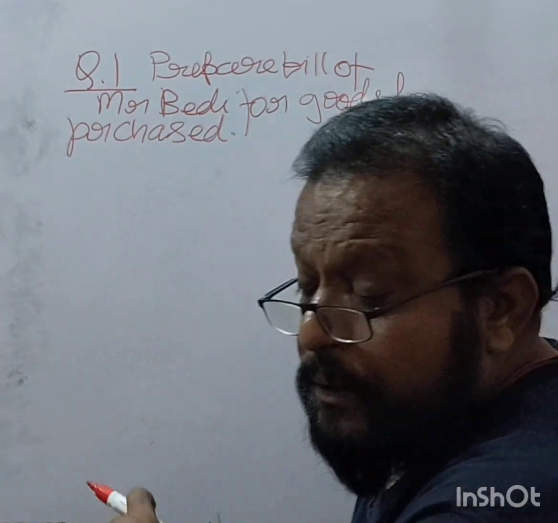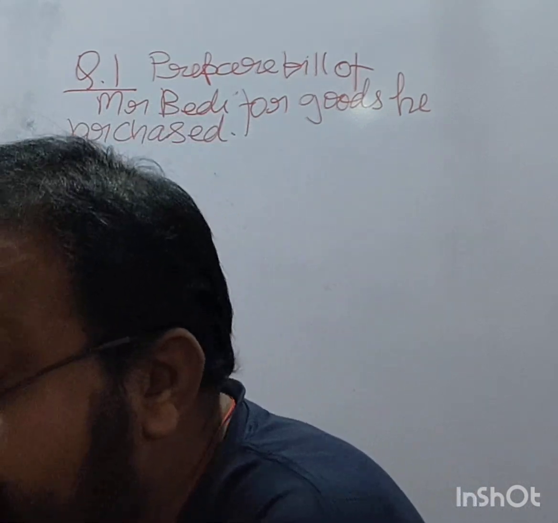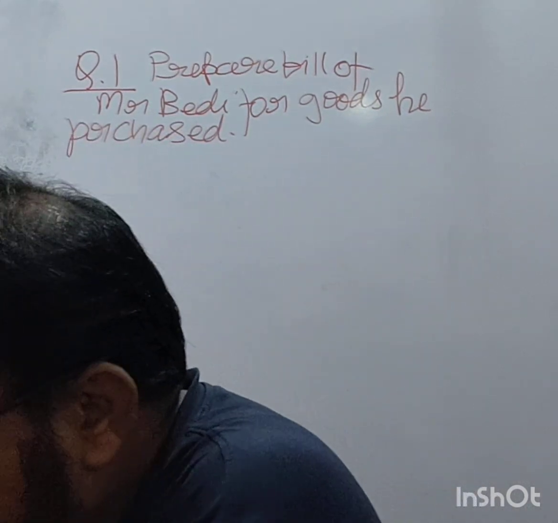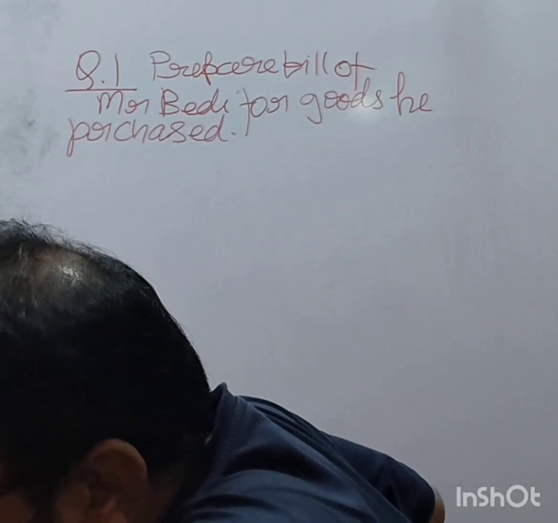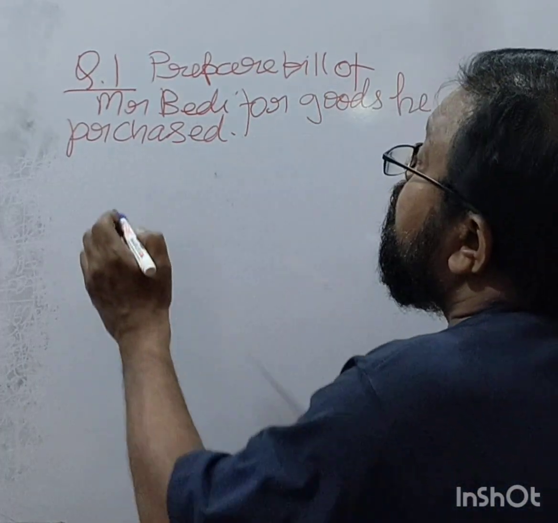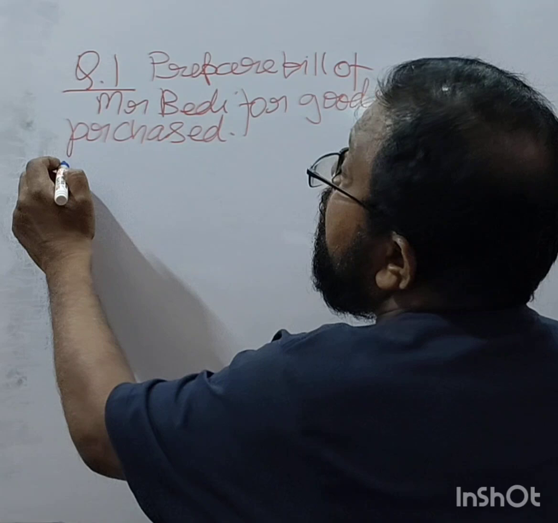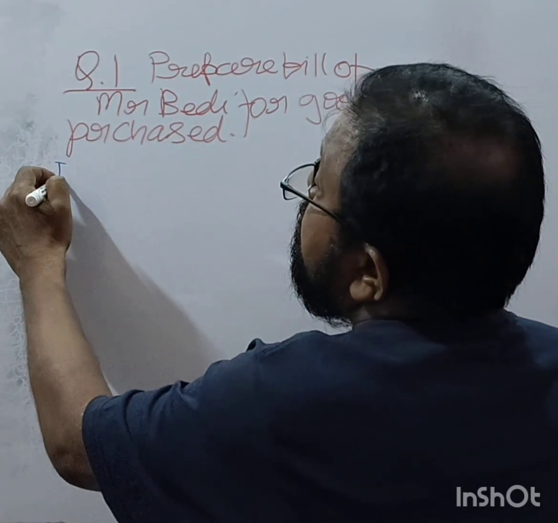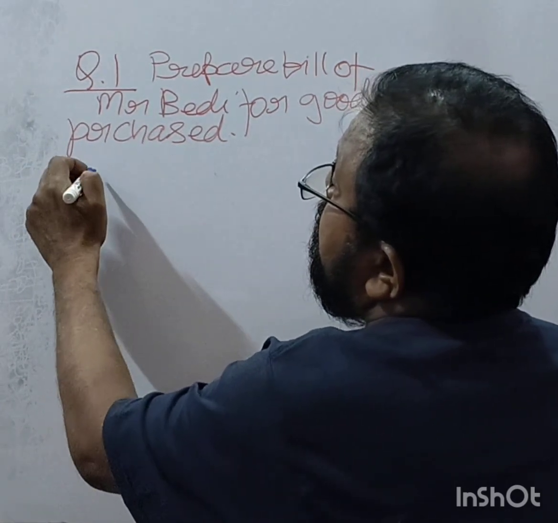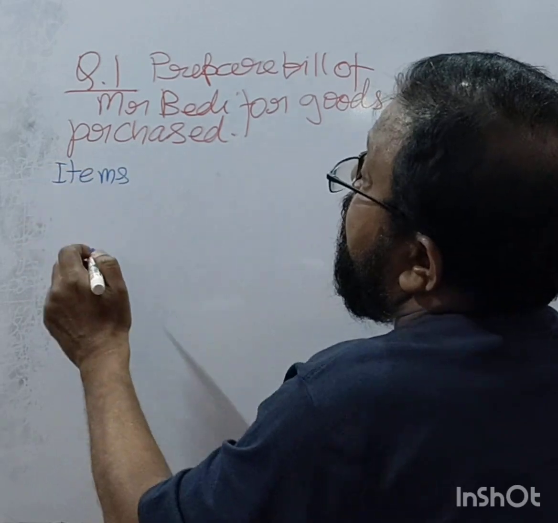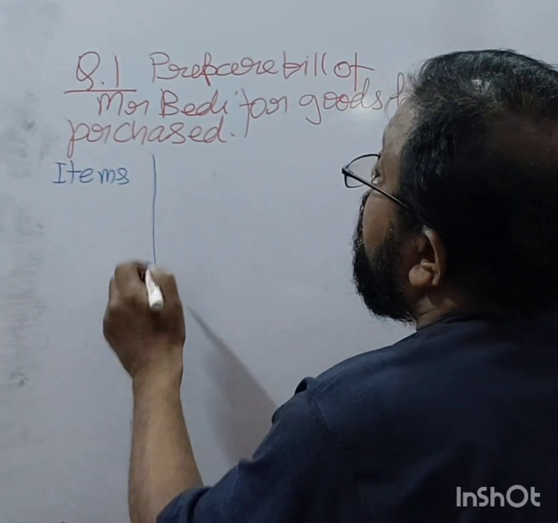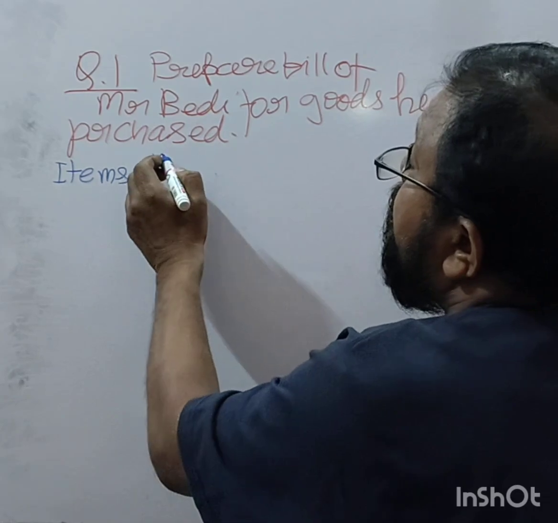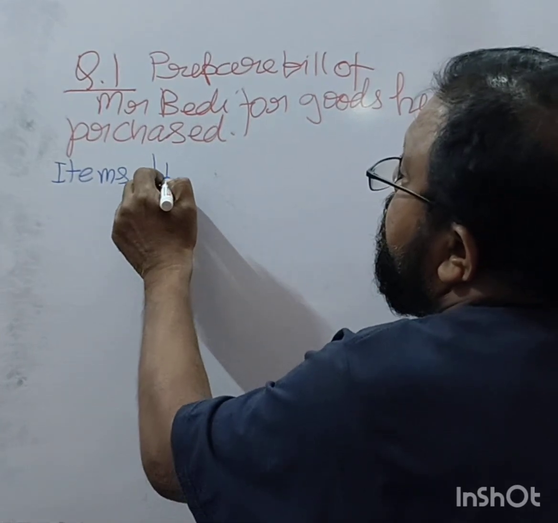So we'll do it like this. Pair of shoes, rupees 300, GST is this. Here we have items. Here we will put price.